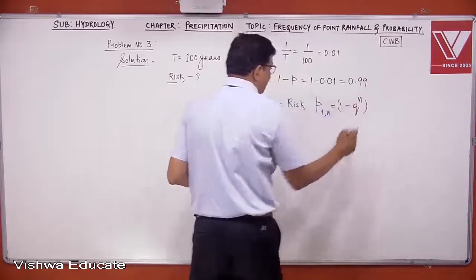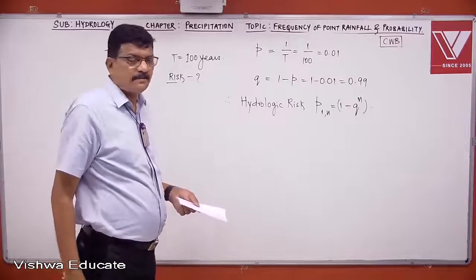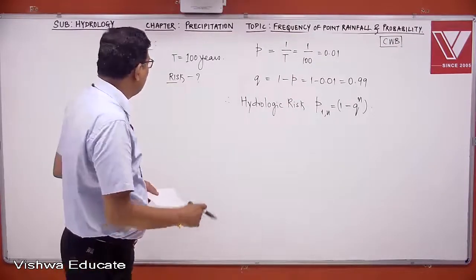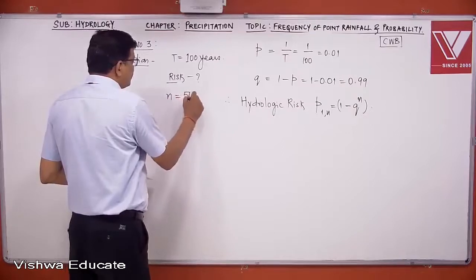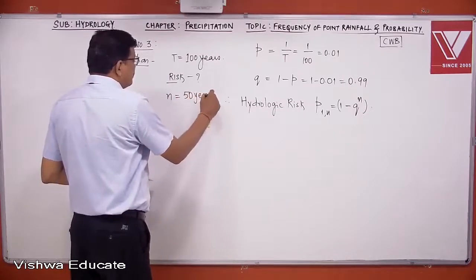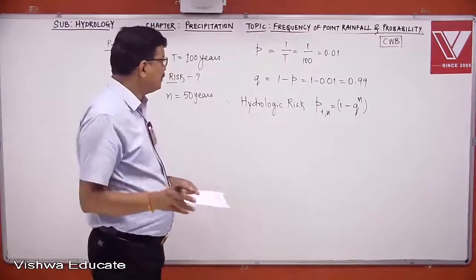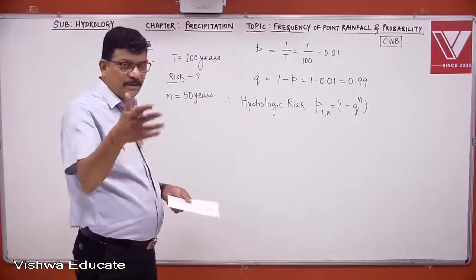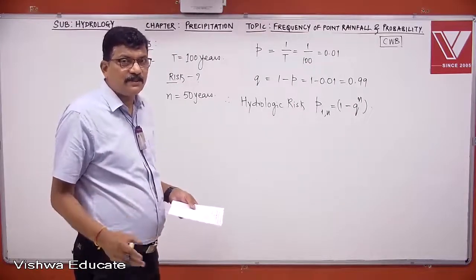As we have earlier mentioned, that is the risk associated with the design. So let us see how much is the risk. Here n value is mentioned as 50 years. That is the lifespan of the structure. So once in 50 years, that is what is the frequency that we have to work out.